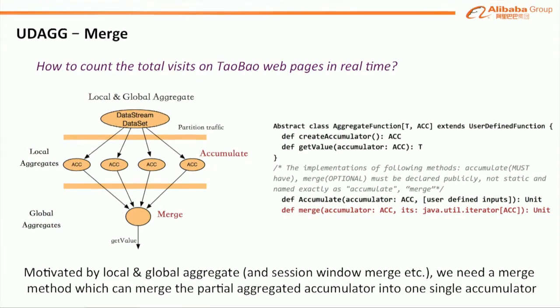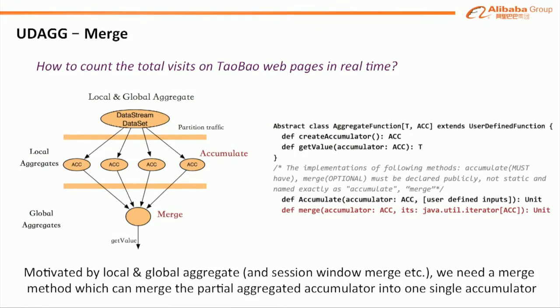We came up with an approach traditionally called local-global aggregate. On the first level, local aggregate, we partition the traffic in a certain way, and in each partition we accumulate a certain amount of data into one accumulator.